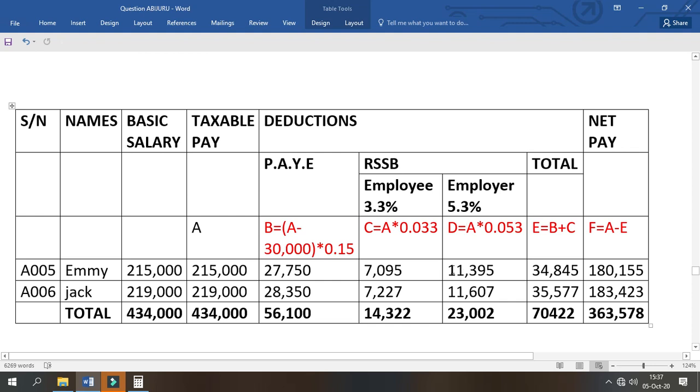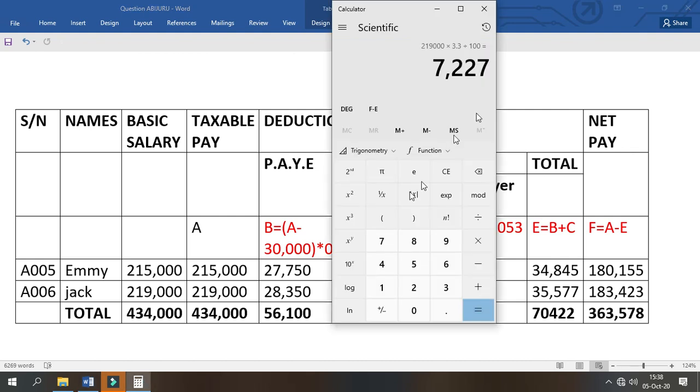So for ME, the employer contribution to the Rwanda Social Security Board is equal to 11,395. We take 215,000 multiplied by 5.3 over 100, which is equal to 11,395.